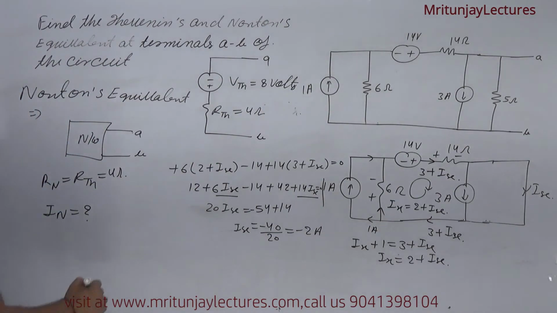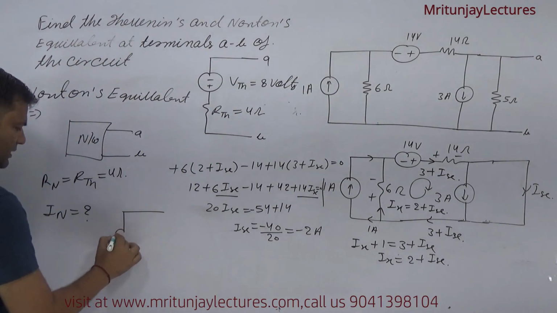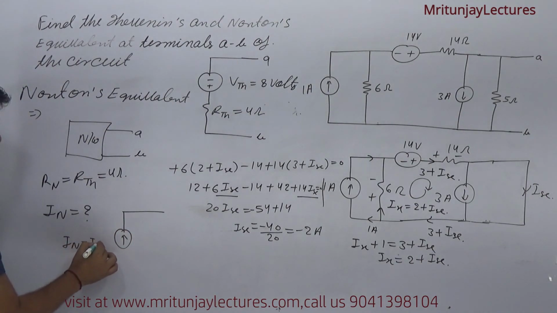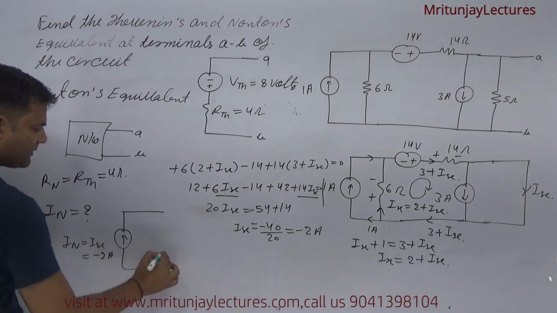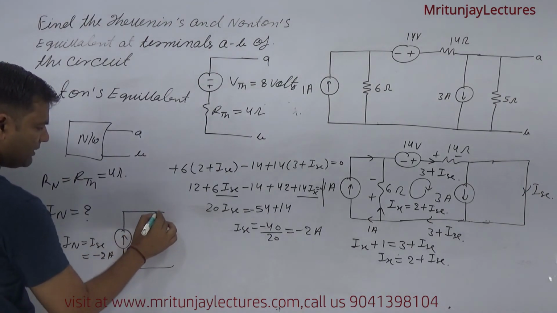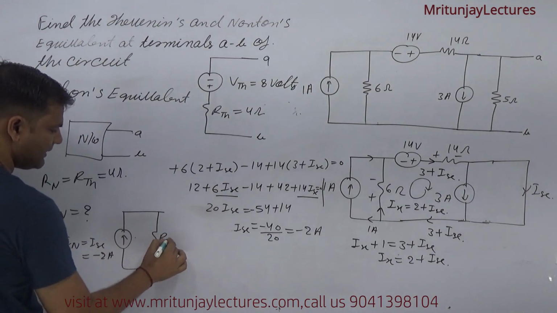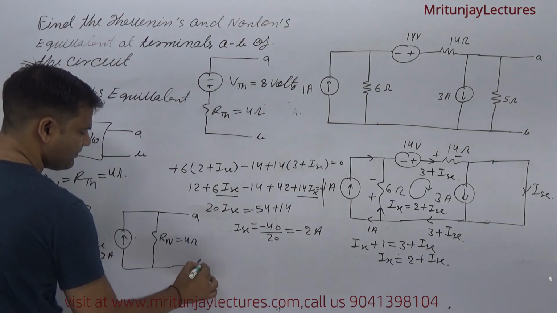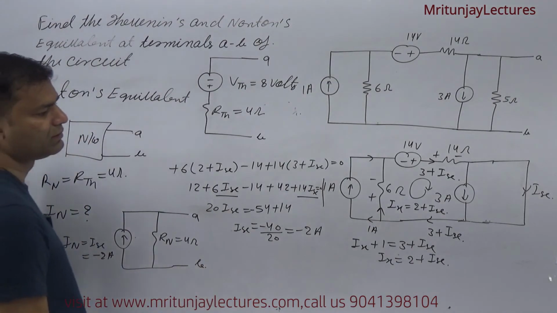So if you want to make the circuit, then IN is equal to ISC, and this is minus 2 ampere. And what about the resistance? RN is 4 ohm. So the Norton equivalent is made like this.